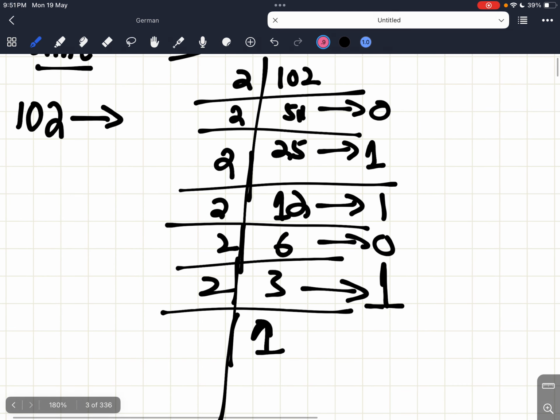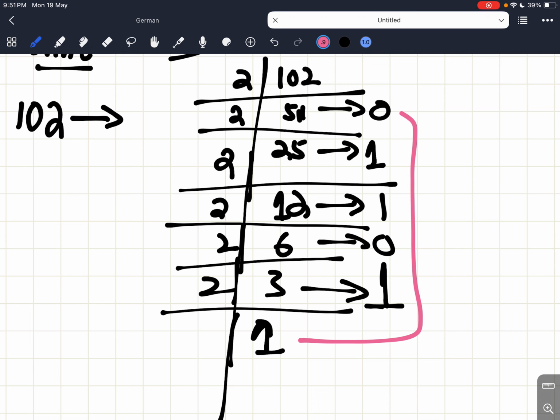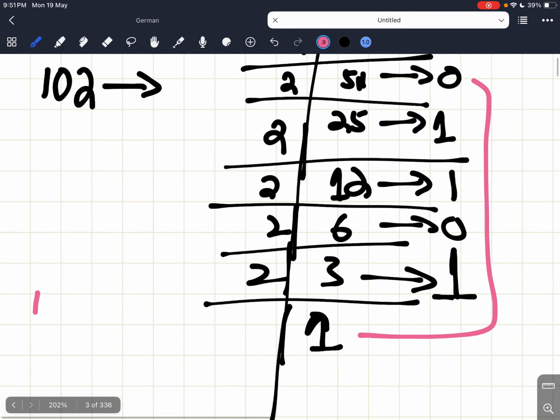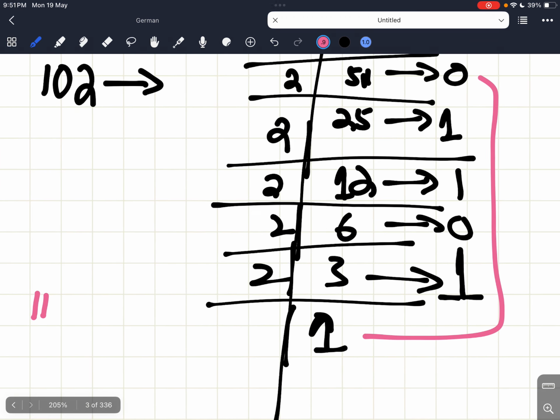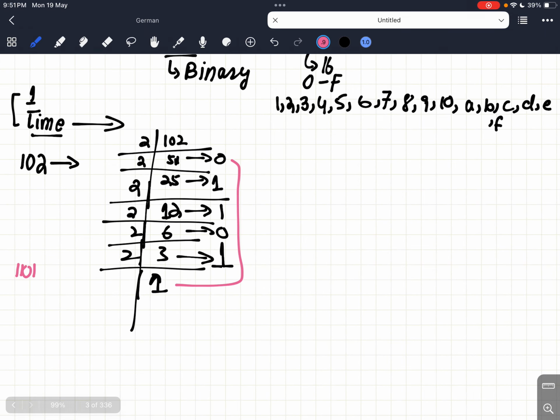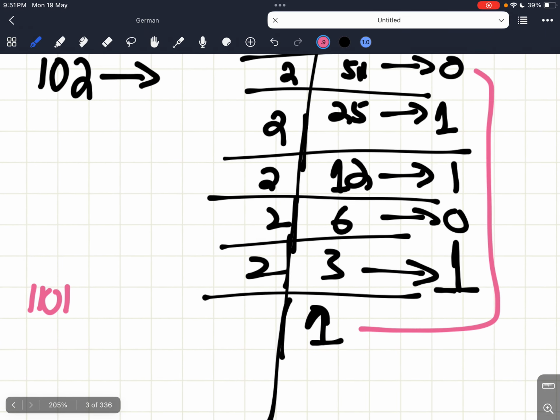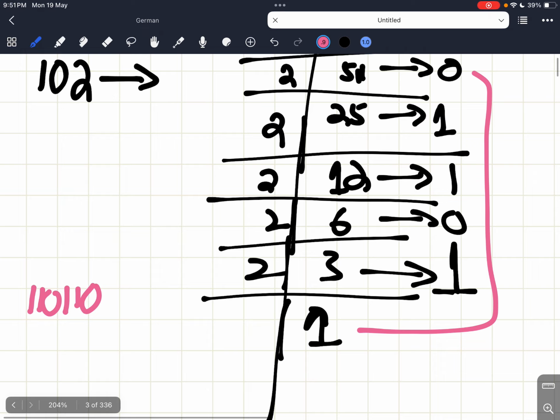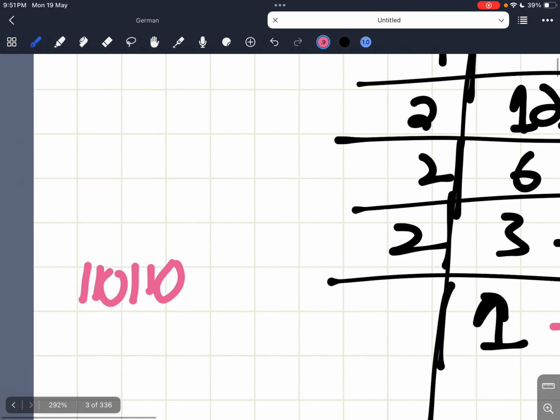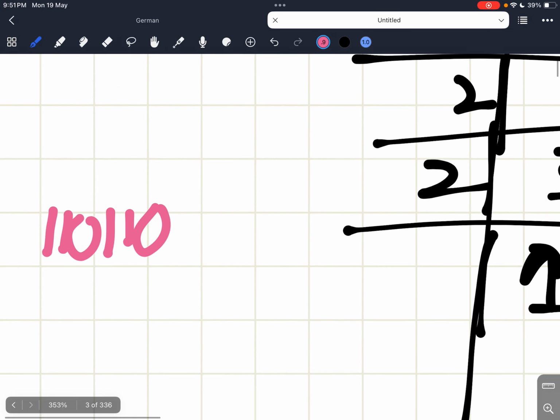As I told you, in the binary system we only write 0 and 1, so we write these remainders, read from bottom to top, as 1100110. So this is 102 in the binary system.